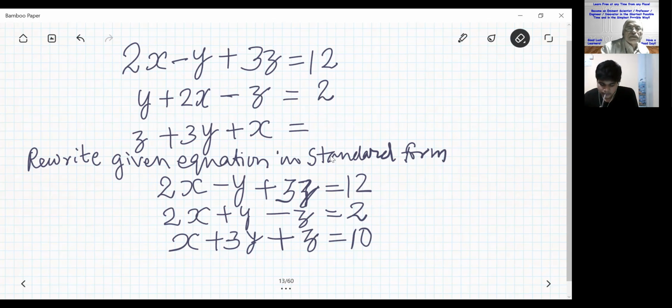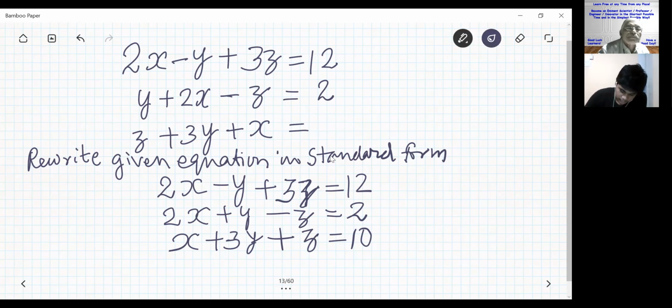Third equation is z plus 3y plus x is equal to 8, not 10.